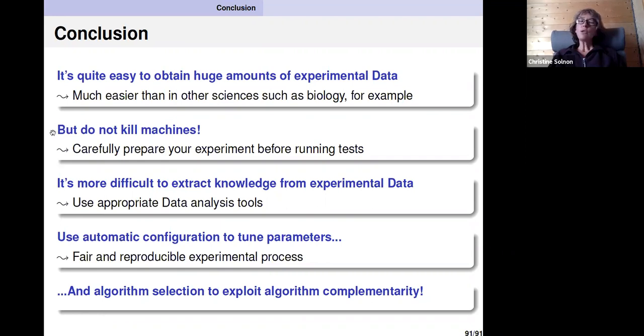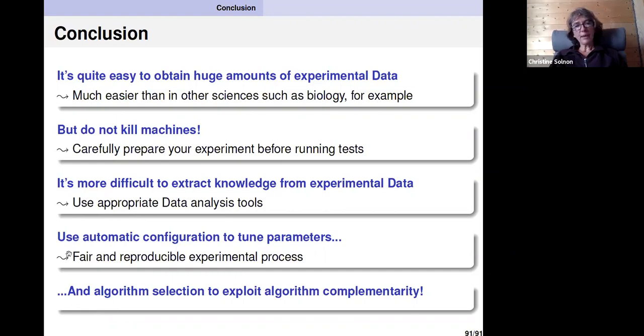However, we should always be careful not to kill our machines, not to run experiments that are useless. So experiments should be carefully prepared. And also, it's quite difficult to extract interesting knowledge from experimental data, so we should use appropriate data analysis tools.